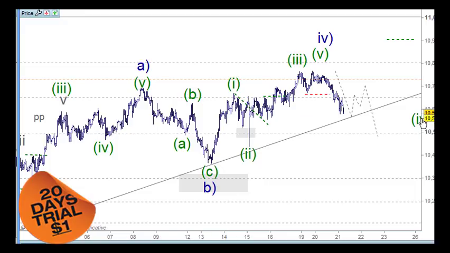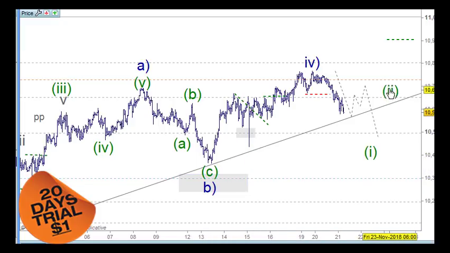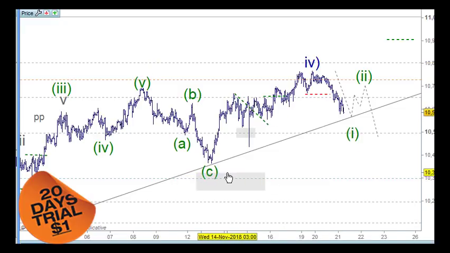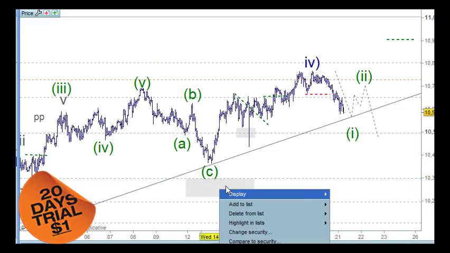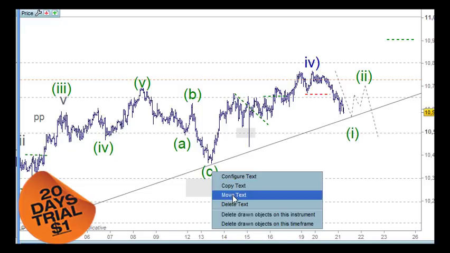But one of the main points here is that we need to move these out of the way and call wave 4 in here, and start to look at this to the downside now with all of this. I'll change this B wave here. Okay, I'll come back to that.